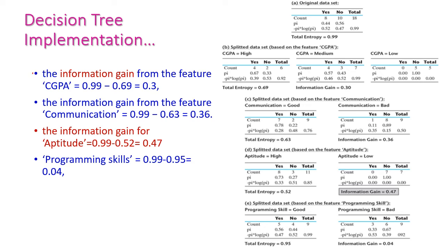So the information gain for CGPA is 0.3, for communication is 0.36, for aptitude is 0.47 and for programming skill is 0.04. Among these, the information gain for aptitude is 0.47, which is the highest value.